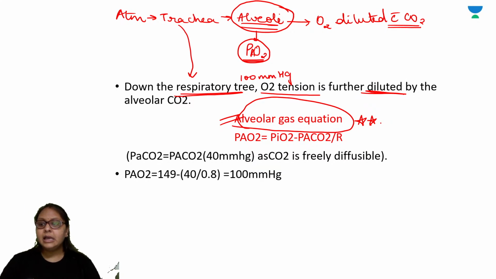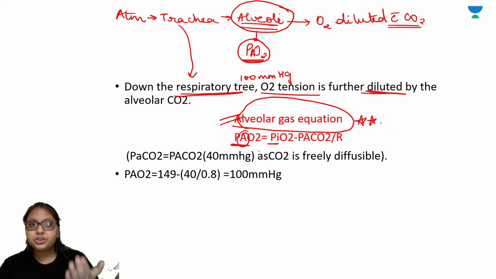Please remember this. This is the alveolar gas equation, and this PAO2 at the alveolar level is given by PiO2. Pi is the partial pressure of oxygen which is inspired.